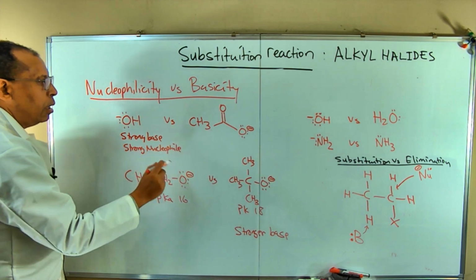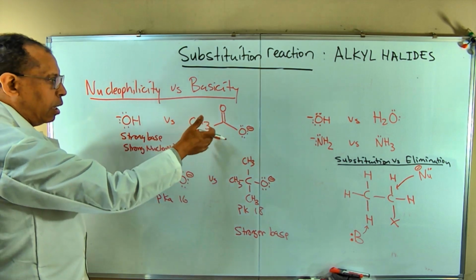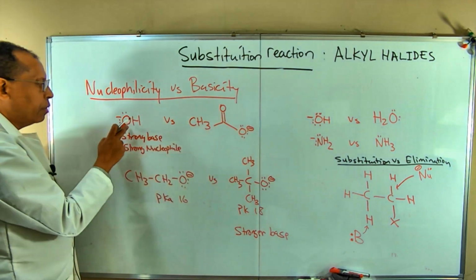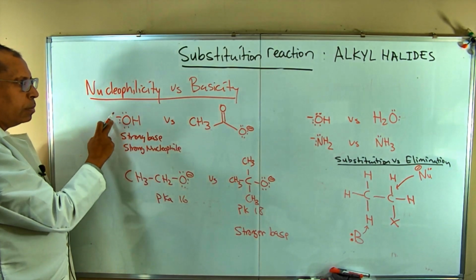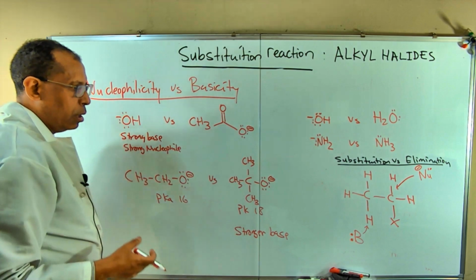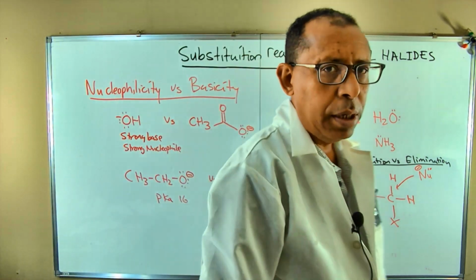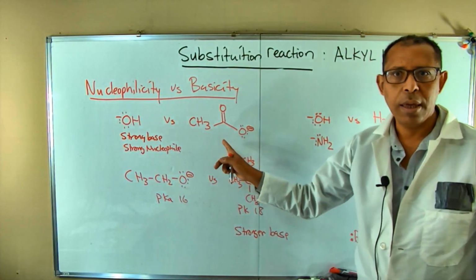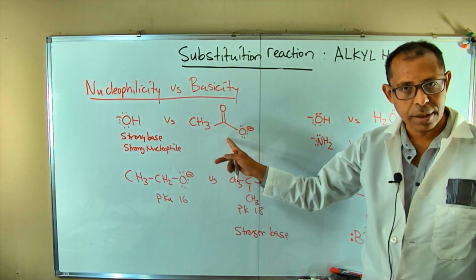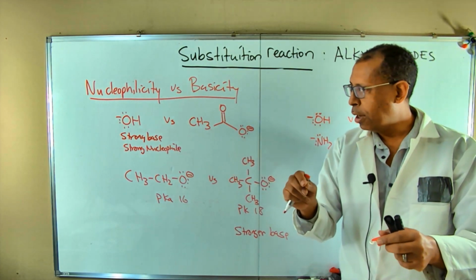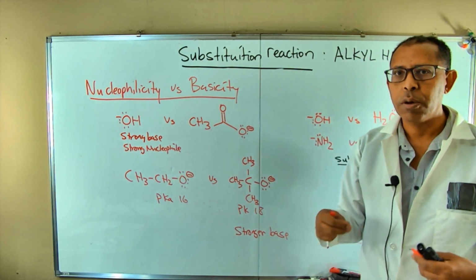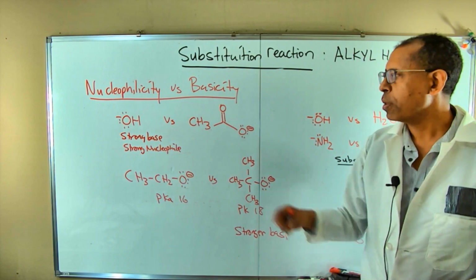So if you just look at this acetate anion, which has a negative charge, versus the hydroxide ion, if you were to compare these two as a nucleophile, obviously this will not be a good nucleophile because it's not also a strong base. So the conclusion is the stronger the basicity, the stronger the nucleophilicity would be.